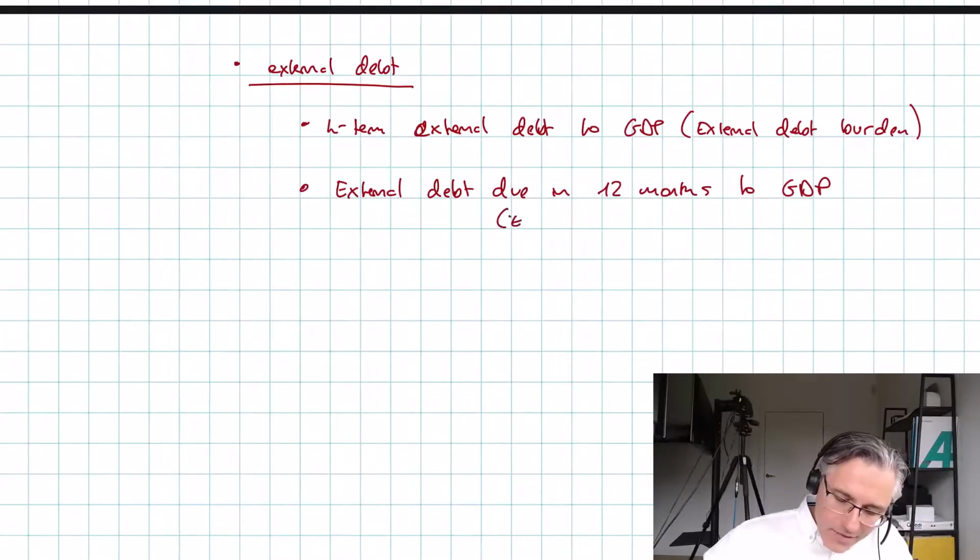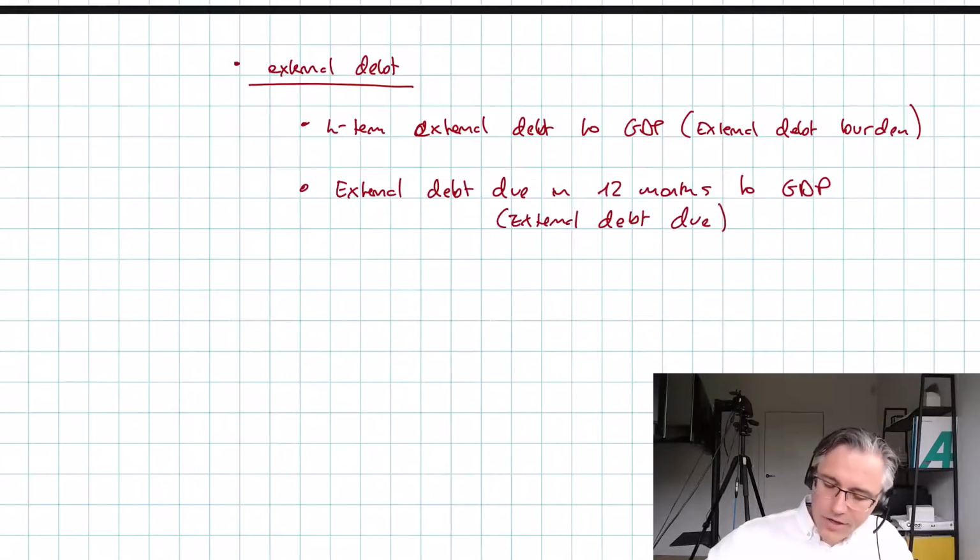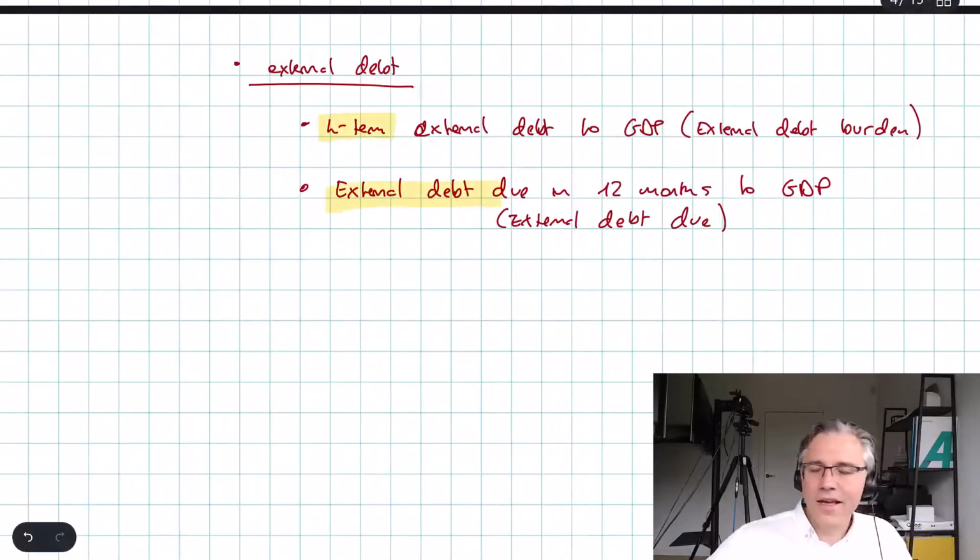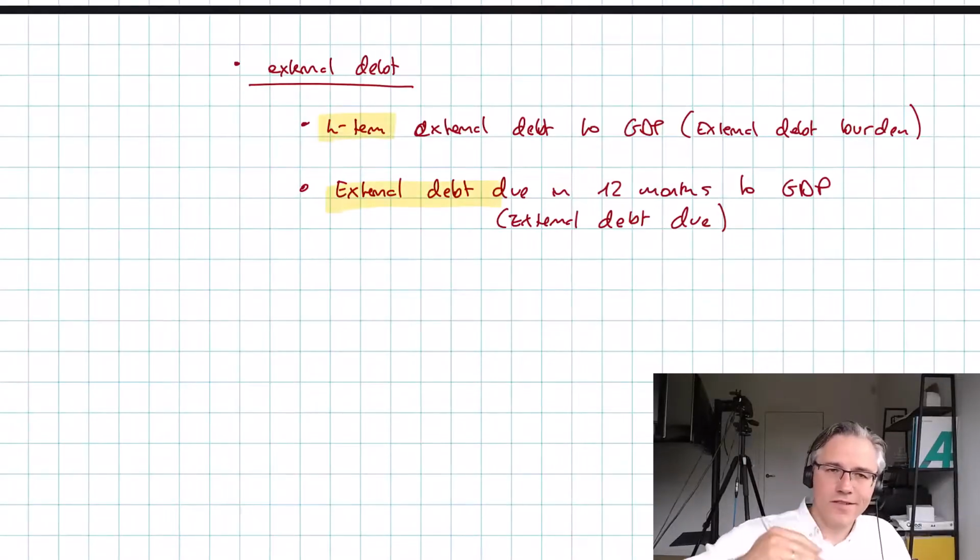And that's a measure of external debt due. So you can regard these two, this one and this one, as being complements, because one focuses on the longer term stuff, the second focuses on what's coming up next.